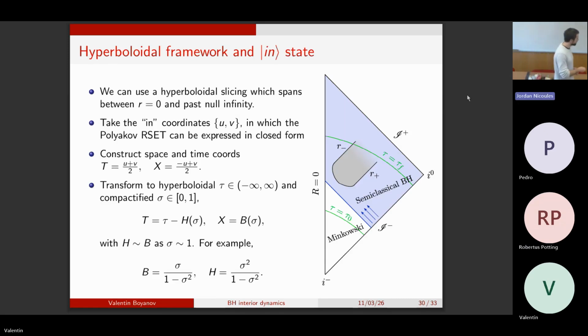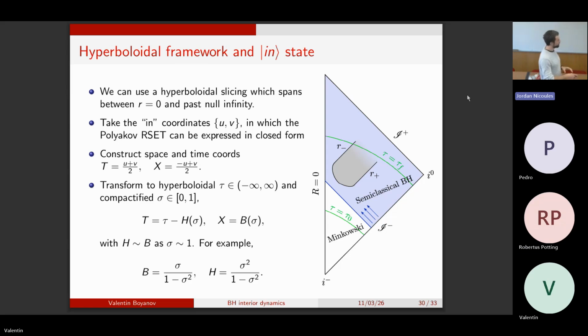As to the hyperboloidal foliation of the spacetime, as I mentioned earlier, it would basically be making a foliation that goes between the origin and past null infinity in order to evolve the in-vacuum states more precisely.